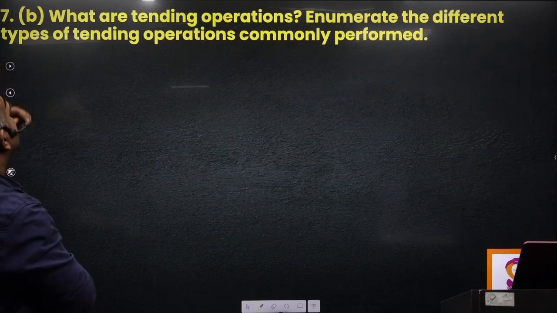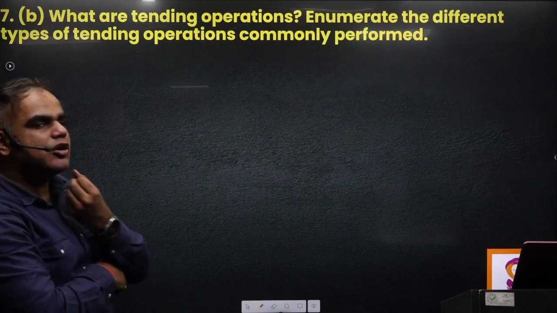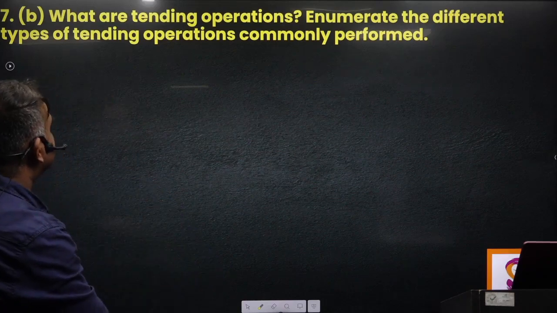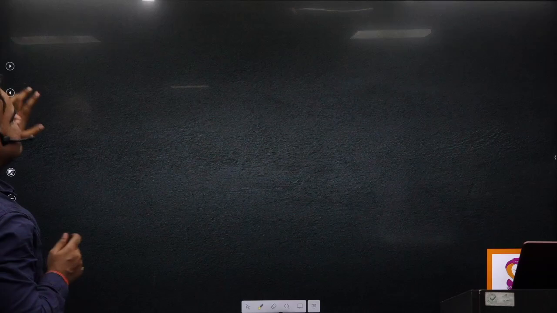So that is one. Then a basic question on what are tending operations and enumerate the different types of tending operations, right. So this is directly a very factual question.